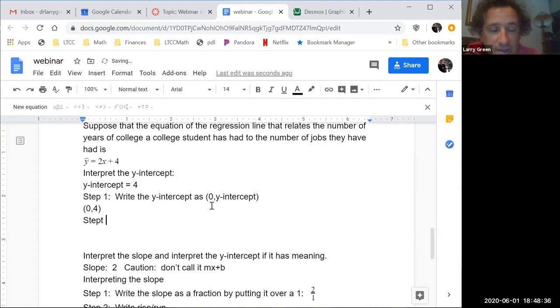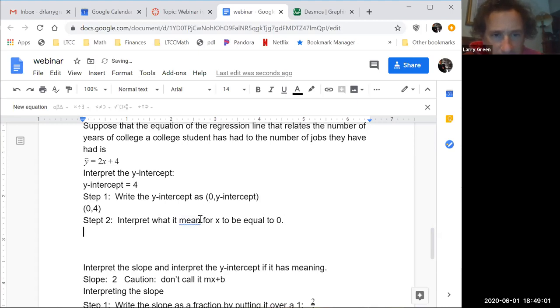Step 2. So now that we've written the y-intercept, what we want to do is interpret what it means for x to be equal to 0. So what does it mean for x to be equal to 0 in words for this example?